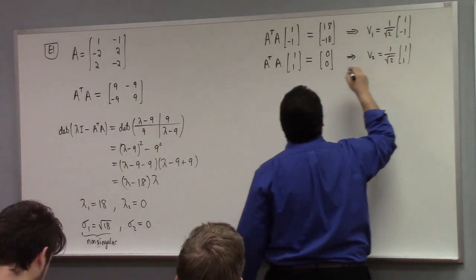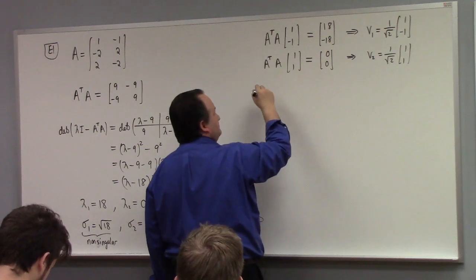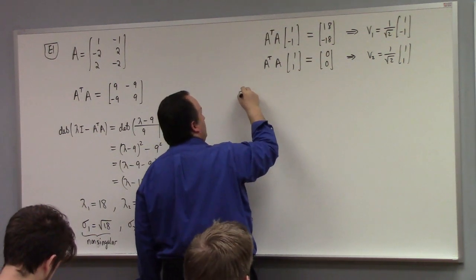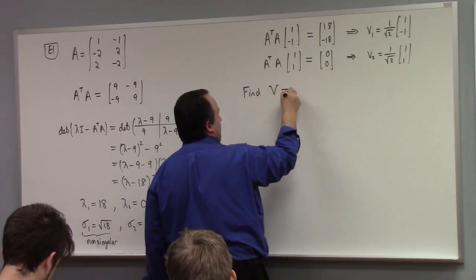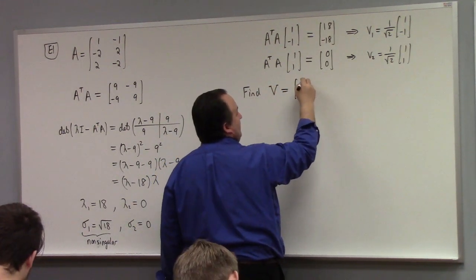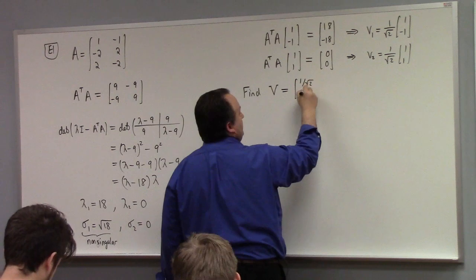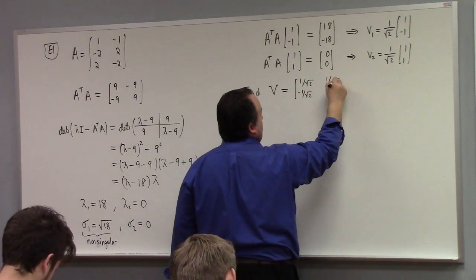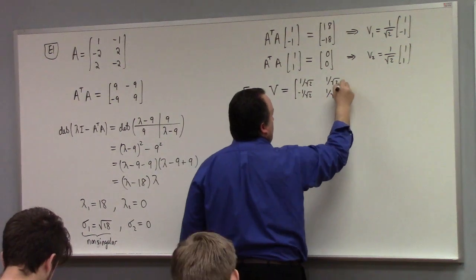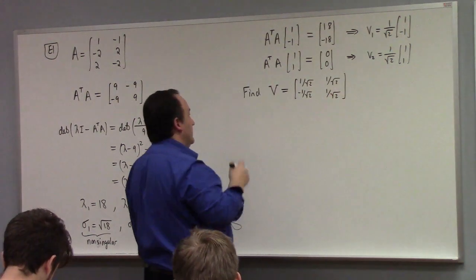All right. So in short, we find that the V for the singular value decomposition is going to be given by 1 over root 2, minus 1 over root 2, 1 over root 2, 1 over root 2. All right.